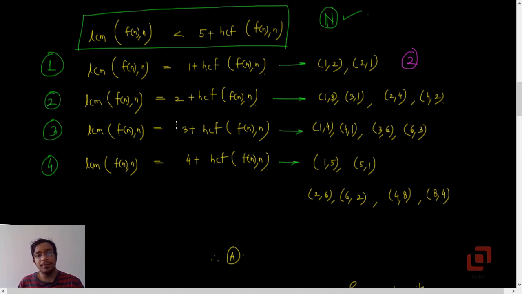If you want LCM to be greater than HCF by 2, then you have 1 3, 3 1, and this time you also have 2 4 and 4 2. You can again verify this for yourself. Possibility 3, LCM is 3 plus HCF: we have 1 4, 4 1, 3 6 and 6 3.